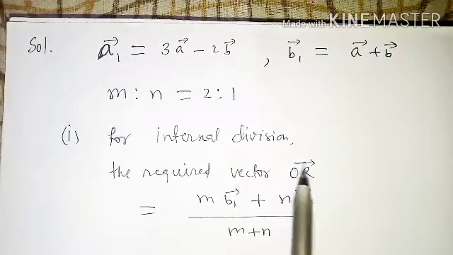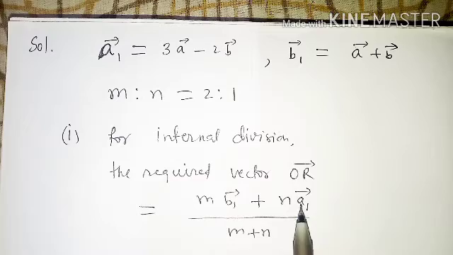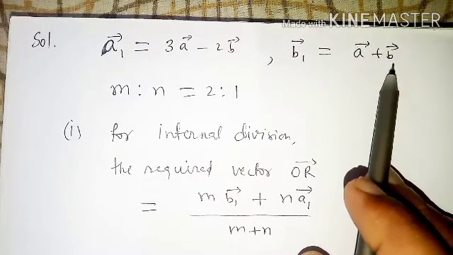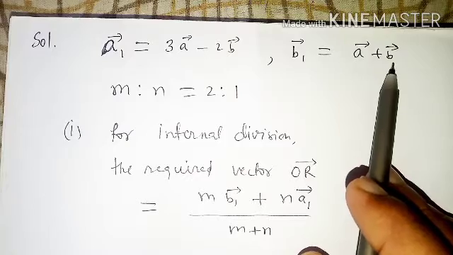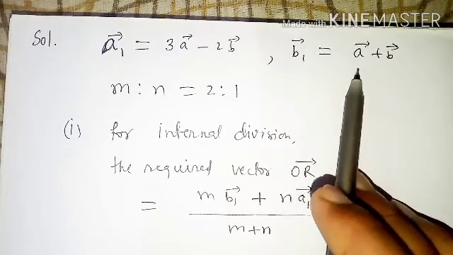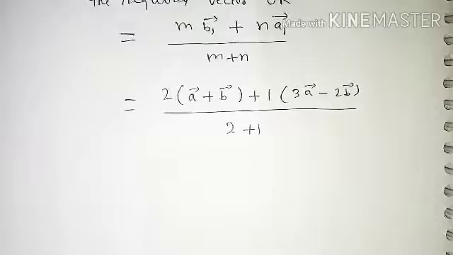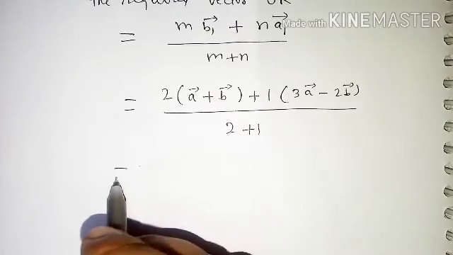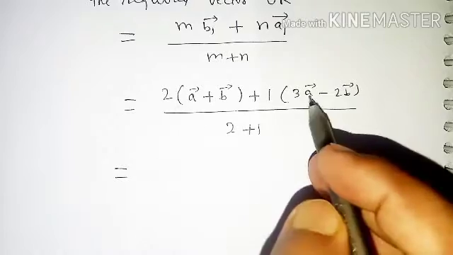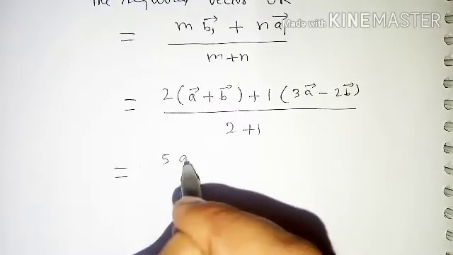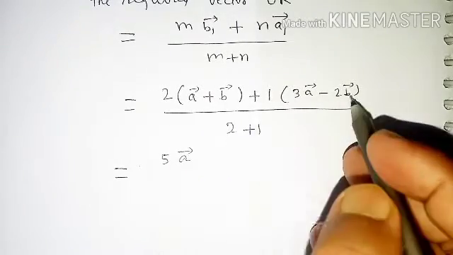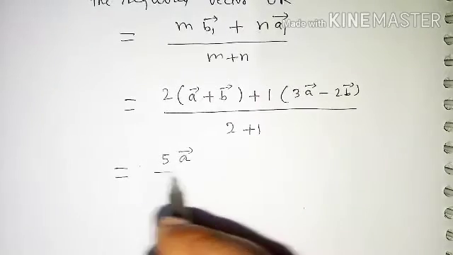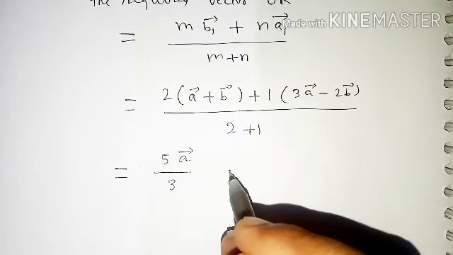Here in place of b and a we use b1 and a1 because in the question vector b and vector a are mentioned. Now putting the value of m, n, vector b1 and vector a1, here we have 2 vector a, 3 vector a, so we have 5 vector a, 2 vector b minus 2 vector b cancel, so we have 5 by 3 vector a.